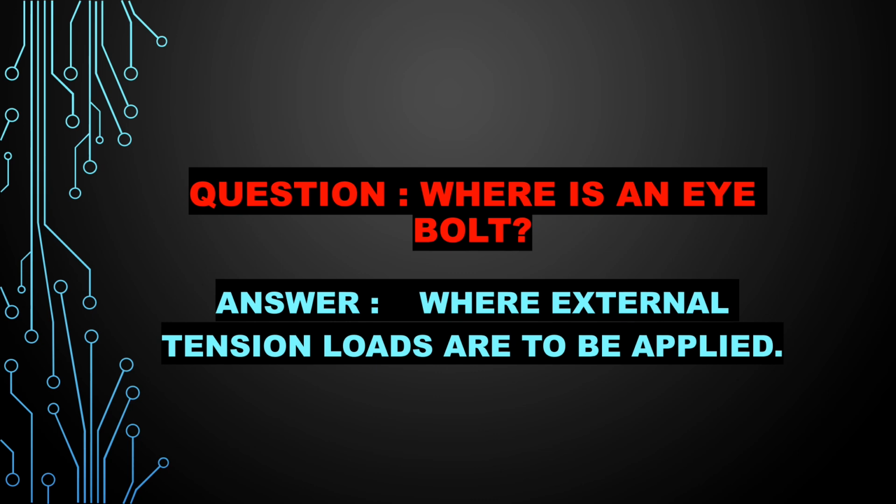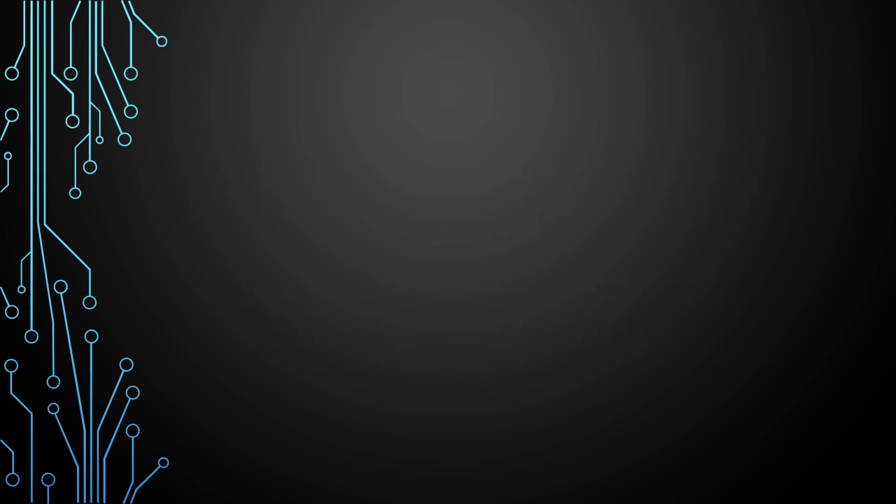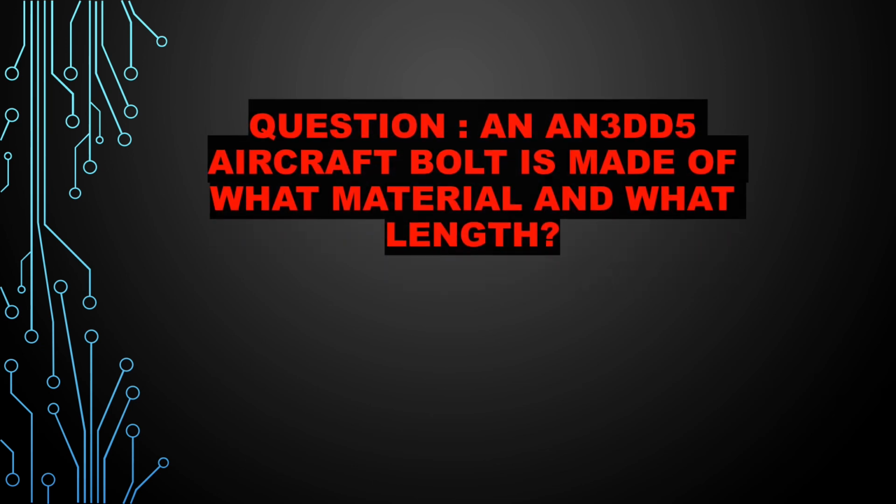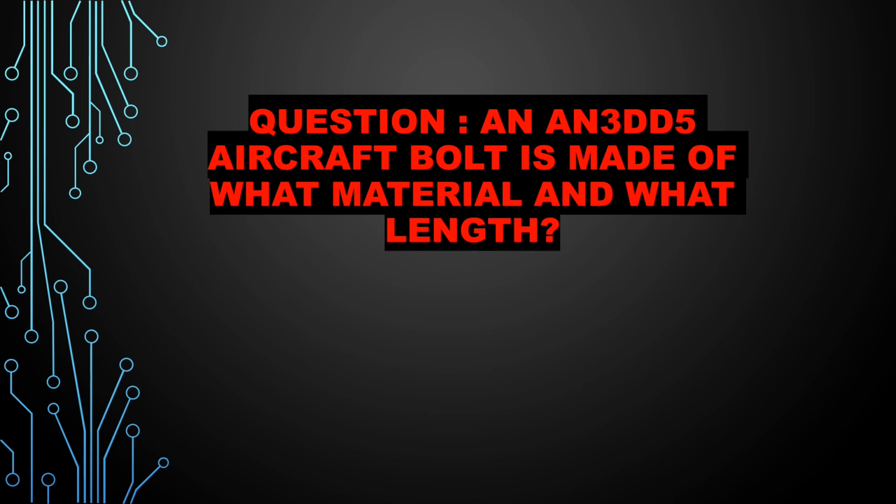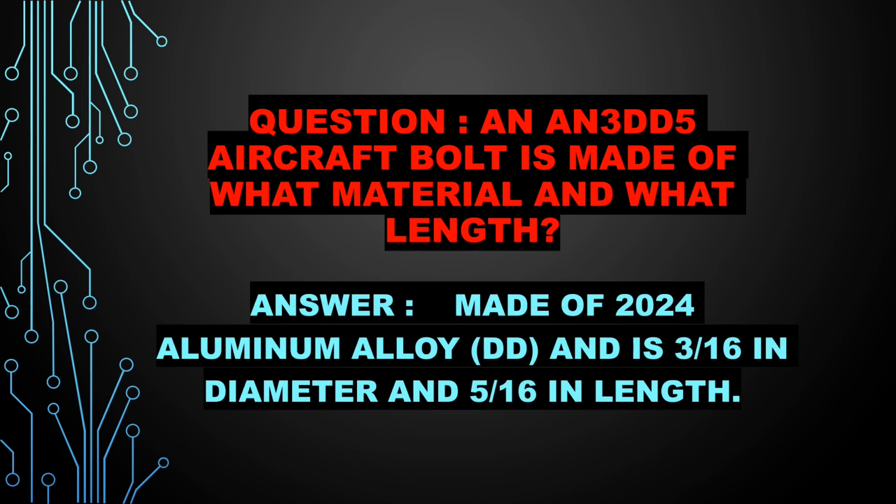Answer: where external tension loads are to be applied. Question: an AN3DD5 aircraft bolt is made of what material and what length? Answer: made of 2024 aluminum alloy, DD, and is 3/16 in diameter and 5/16 in length.